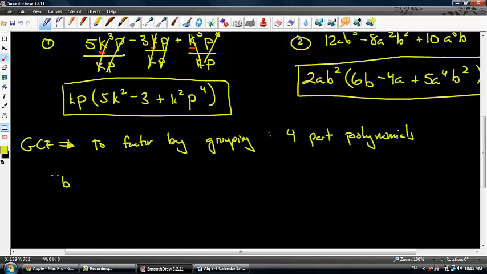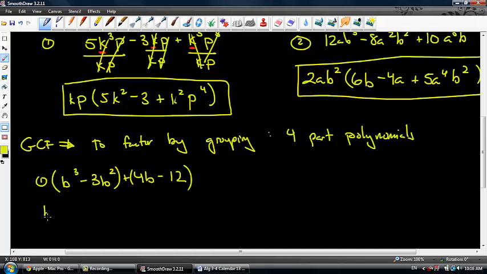This is example 1 for the next heading: b to the third minus 3b squared plus 4b minus 12. Well, what I'm going to do is group this 4-part polynomial into two-part polynomials. And from here I'm going to go greatest common factor on the first grouping and then greatest common factor on the second grouping.